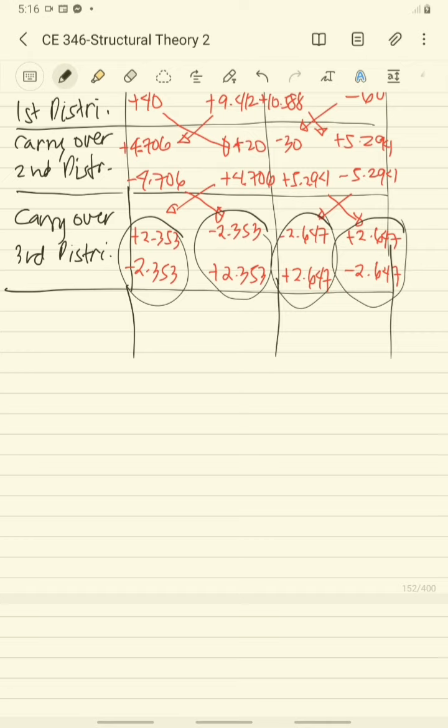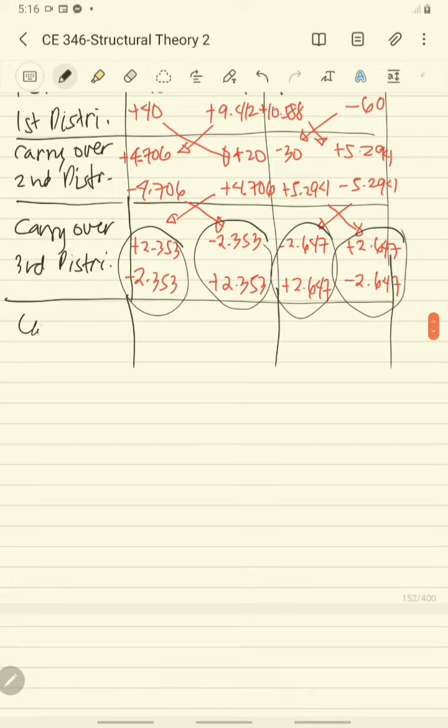So for this problem, I need to stop here. I will not continue my carryover for the fourth distribution, because as I've said, for the third distribution, the value there keeps on repeating. Only the sign is changing.